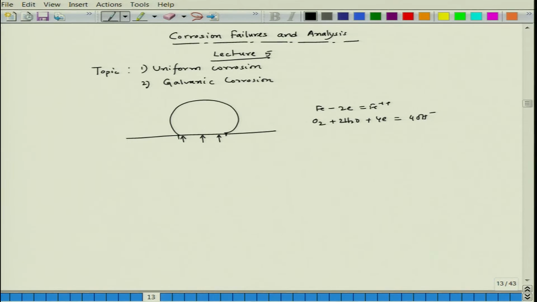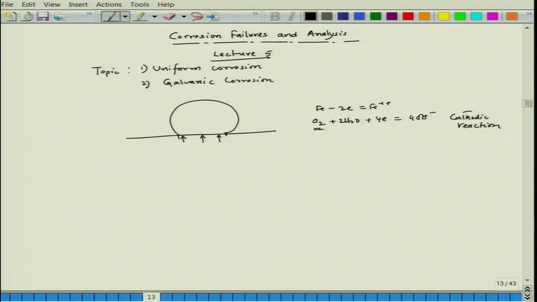Now, initially it is over the entire surface, but since the dissolved oxygen is consumed because of this cathodic reaction, the oxygen level in that droplet would go down, the oxygen concentration will go down.